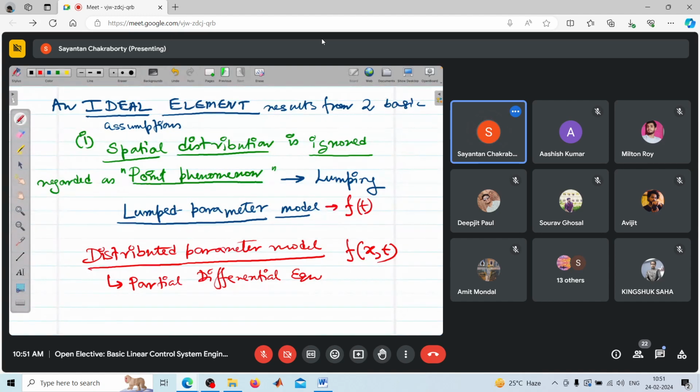We have not considered the distribution of variables over space.